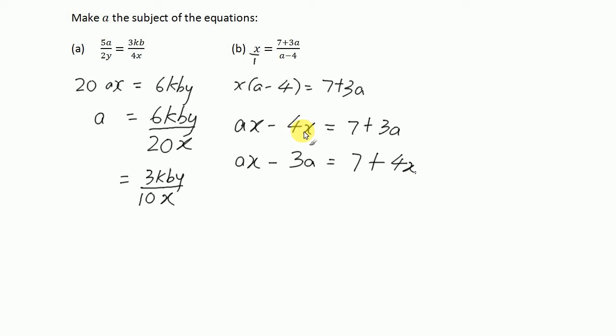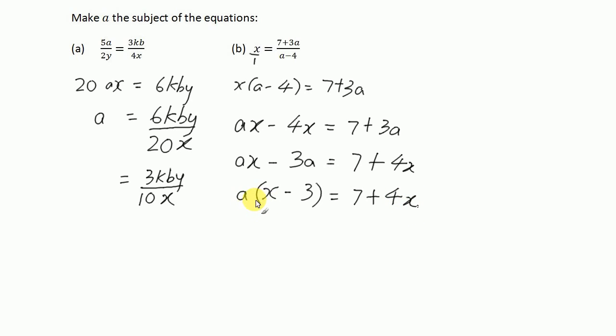Now, there's an a here and there's an a here. We can factor this out and write a bracket x minus 3 equal to 7 plus 4x.